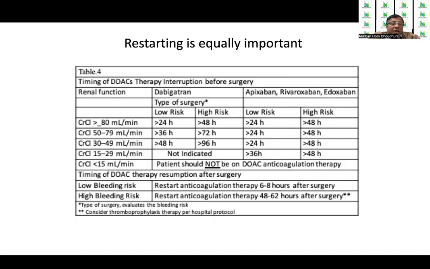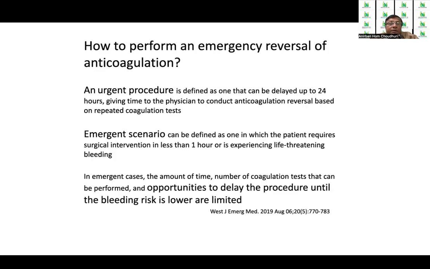We restart anticoagulation around 6 to 8 hours after surgery for low bleeding risk and 48 to 72 hours after surgery for patients with high bleeding risk. And always remember that if a patient has a creatinine clearance of less than 15 mL per minute, this patient should not be on directly acting oral anticoagulant therapy, and therefore it is good to modify the treatment.